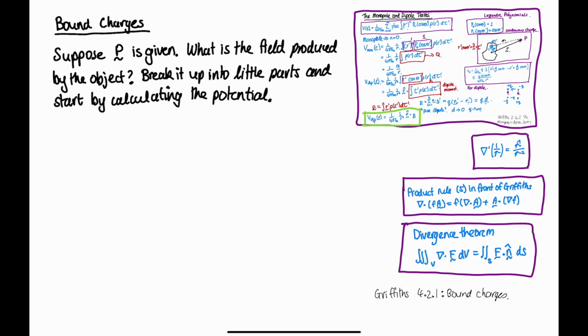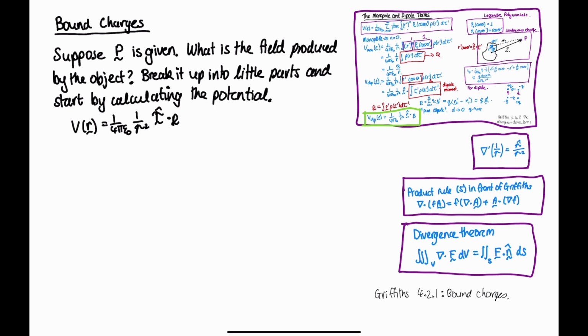The potential for a dipole, V of R, is equal to 1 over 4 pi epsilon naught, 1 over curly R squared times curly R hat dot P.